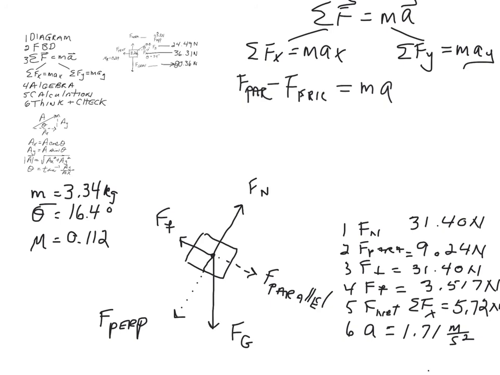So I took the 9.24 and subtracted the 3.517, and I got 5.72 newtons for the net force. And then in order to get the acceleration, I just divide the net force by the mass. And I get the acceleration of 1.71 meters per second squared. Good. We're done.